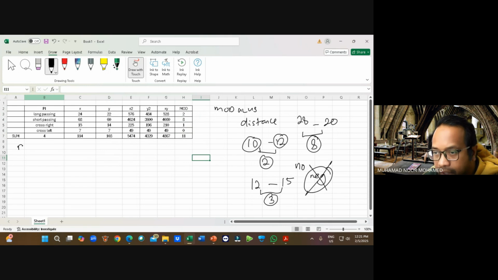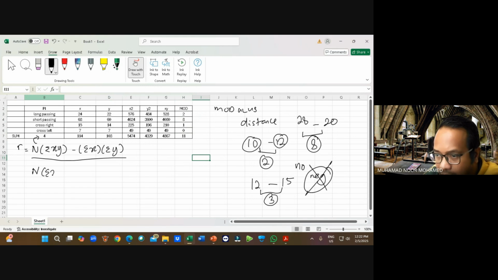The equation will be r equals n, where n represents the number of cases, n summation of xy minus summation of x times summation of y, divided by the square root of n summation of x squared minus summation of x, squared, times n summation of y squared minus summation of y, squared.